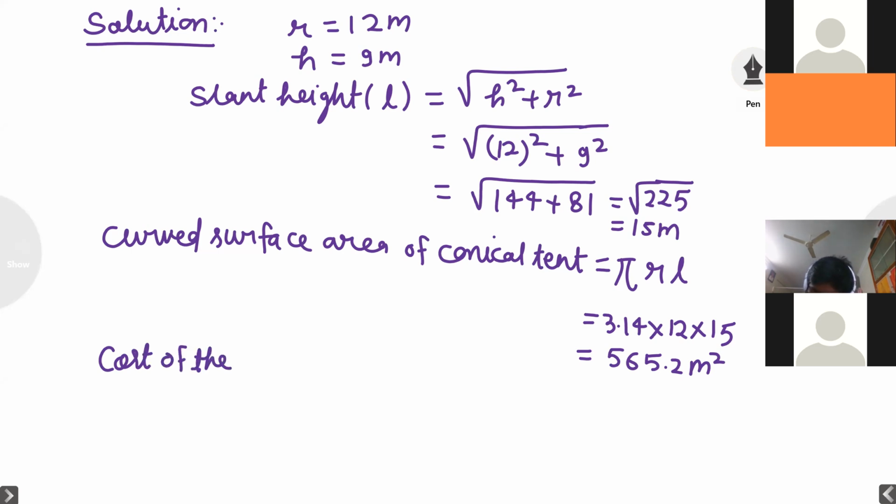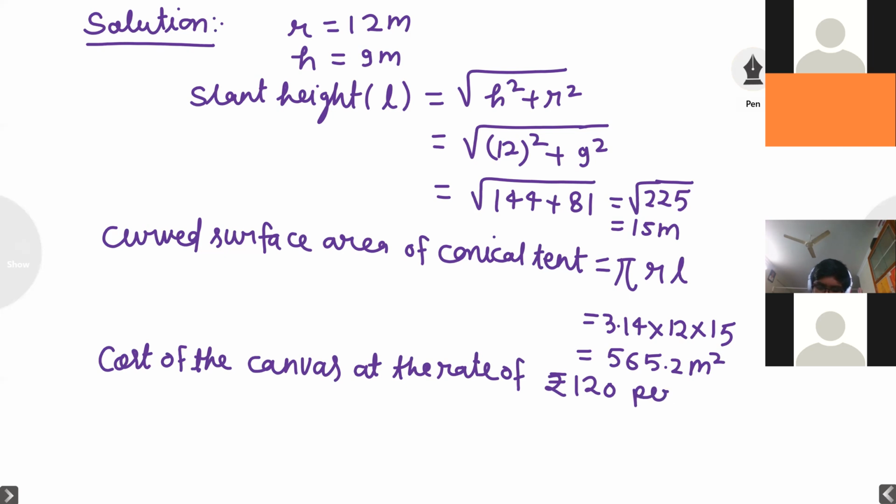Now note down, cost of the canvas at the rate of rupees 120 per meter square is equal to 120 into 565.2.